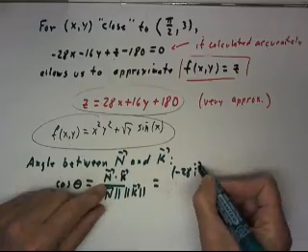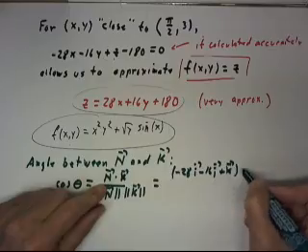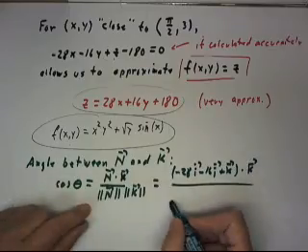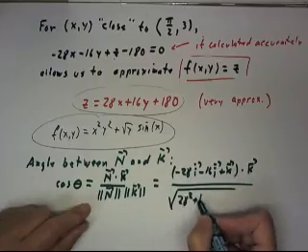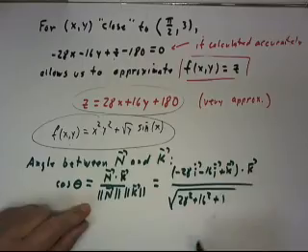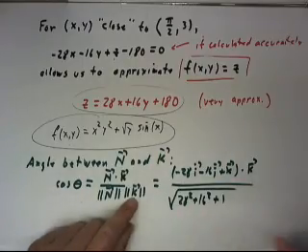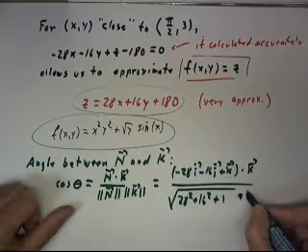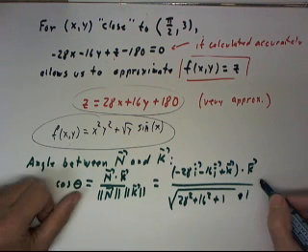Now n was negative 28i minus 16j plus k. We dot that with k. We divide that by the magnitude of n, which is the square root of 28 squared plus 16 squared plus 1, multiplied by the magnitude of k, but k is a unit vector, so that's just 1. So what's that?